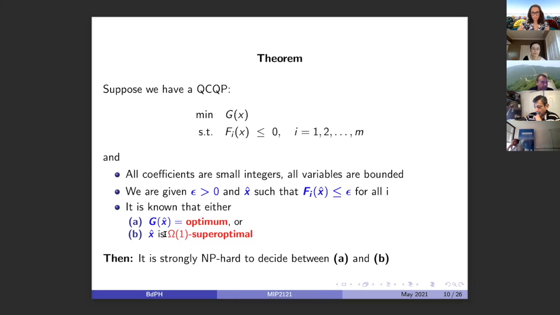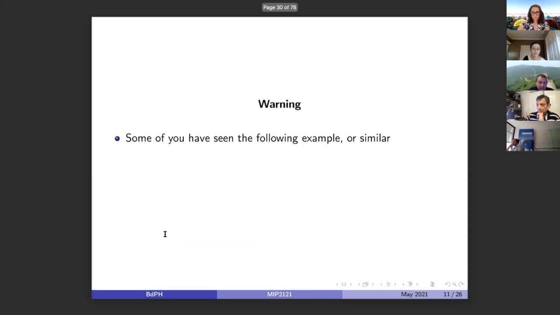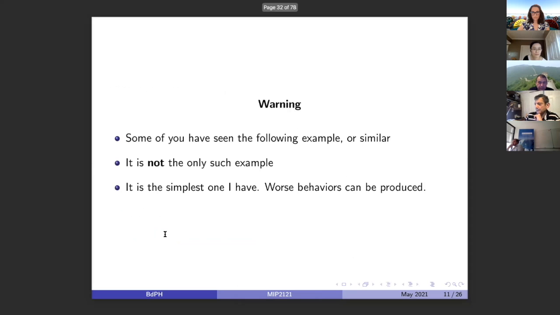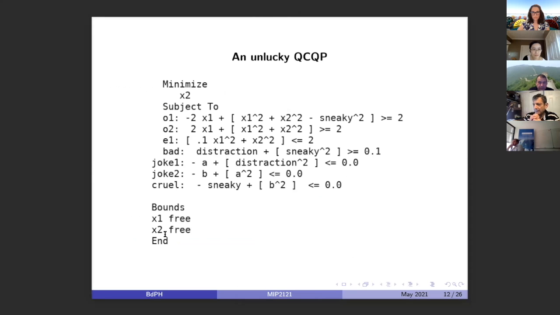So having said all of this, here's an example. Some of you have seen this example. I have many examples like this. This is one of the simplest ones, but I have many more like this. Here we go. I have this on my homepage. There are others.